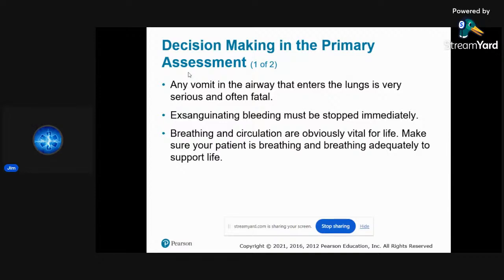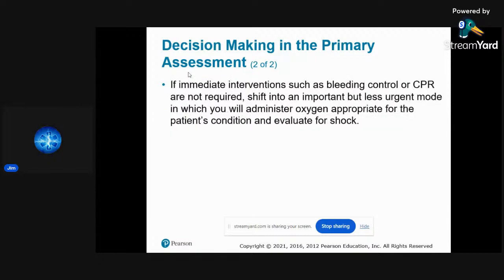Big life threatening bleeds must be stopped immediately, because if we bleed out, there's no sense of having an airway or breathing when they don't have any blood, right? Breathing and circulation are obviously vital for life. So we have to make sure your patient is breathing and breathing is adequate enough to support that. If not, we're going to fix that. We're going to help them.